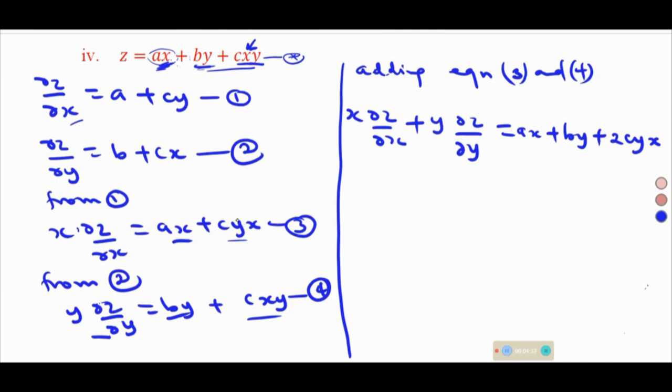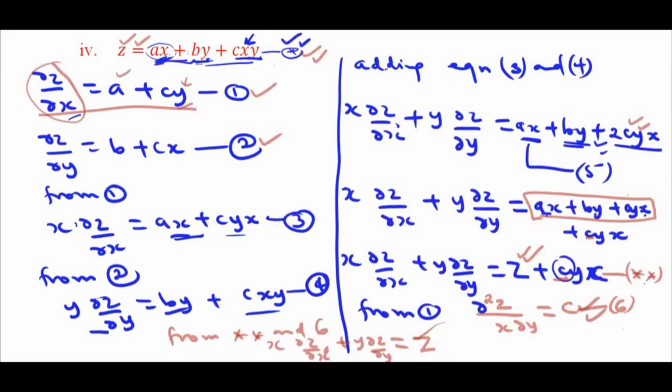So someone would easily look at how best to eliminate cxy. But focus on this equation with the given equation. Looking at this, can we realize that here we have ax and by? So there is some relationship between this equation and the given equation. So from the given equation and equation 6, x del z/del x plus y del z/del y will give us z.